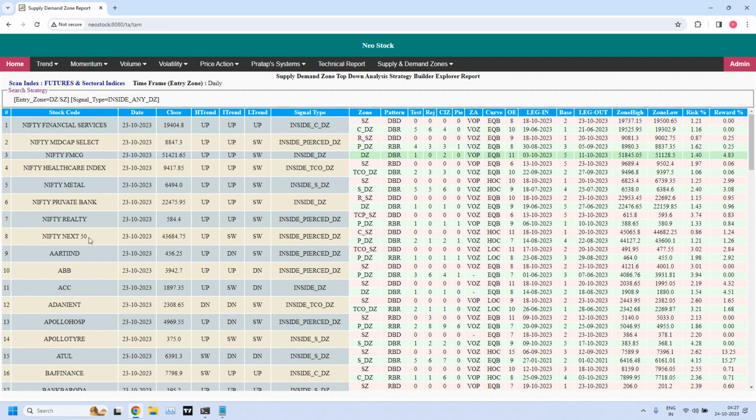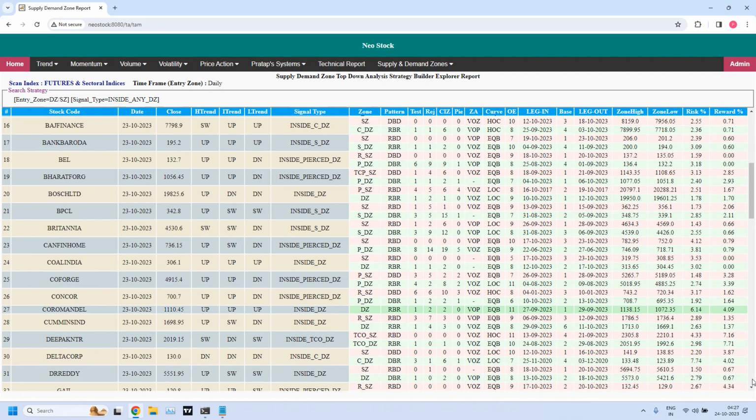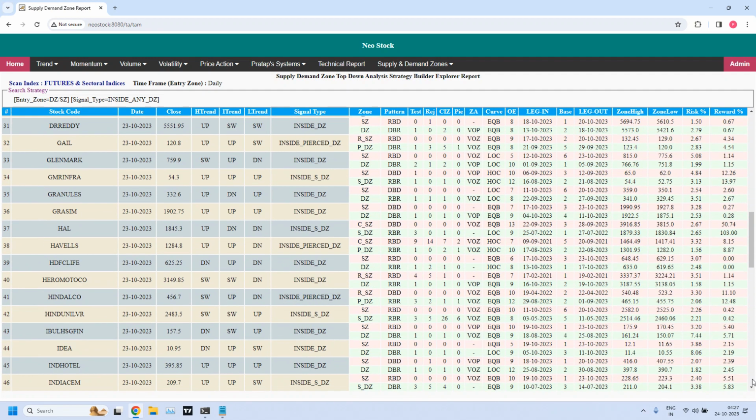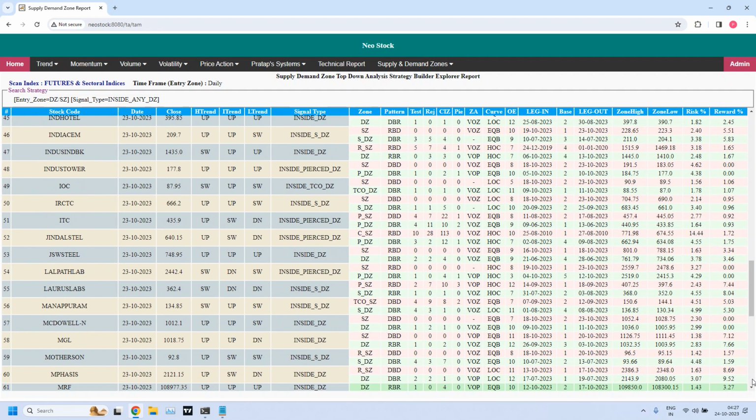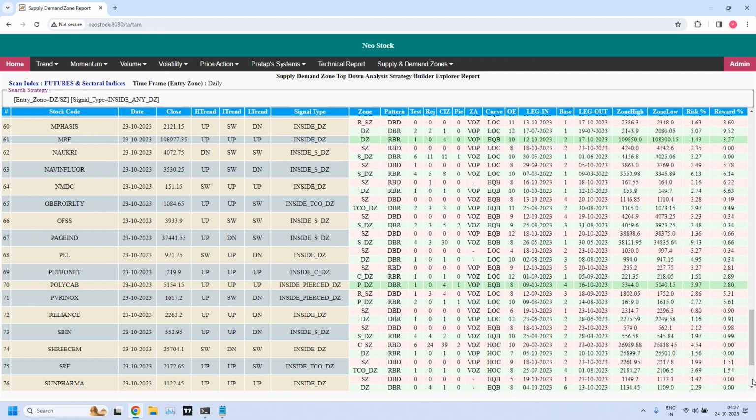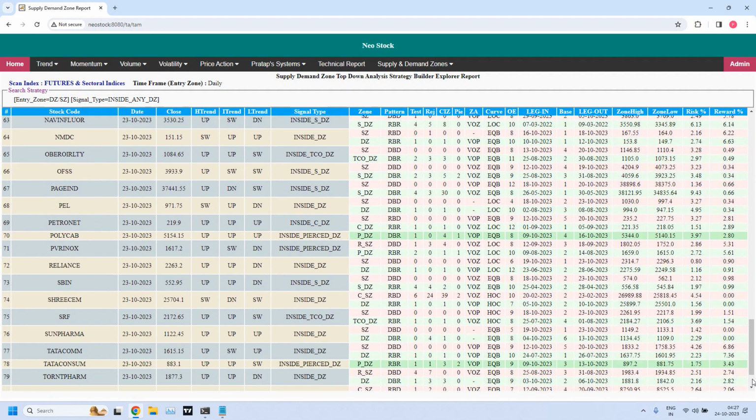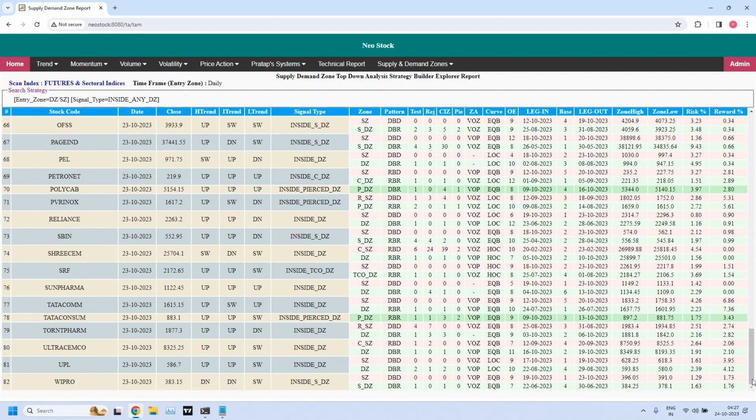Even Nifty Next 50 is inside the demand zone. We have a very big list. So total 82 stocks are closed inside the demand zone.